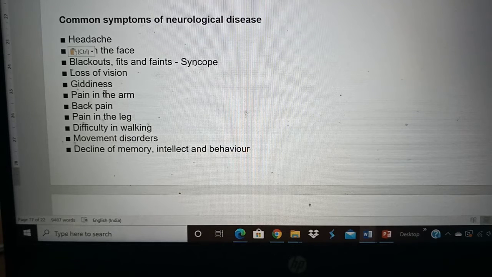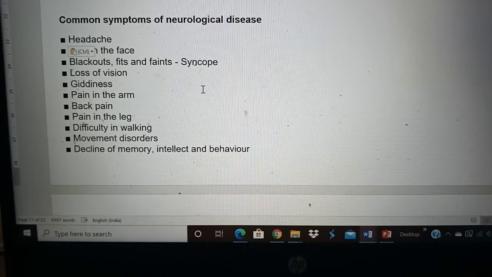The other common symptoms of neurological disease are loss of vision. See, a lot of the cranial nerves connect to the eye, so when they get affected, the person will get loss of vision. Or even if there is cerebral damage. As I told you in previous classes, the cerebrum has a role to play in the movement of the hand or legs and speech, all these things.